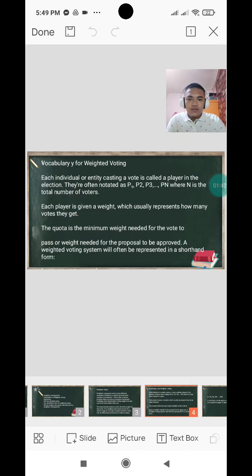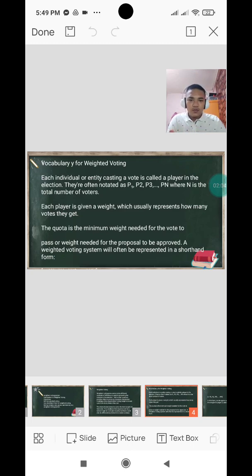Vocabulary for weighted voting. Each individual or entity casting a vote is called a player in the election. They are often noted as P1, called player 1.